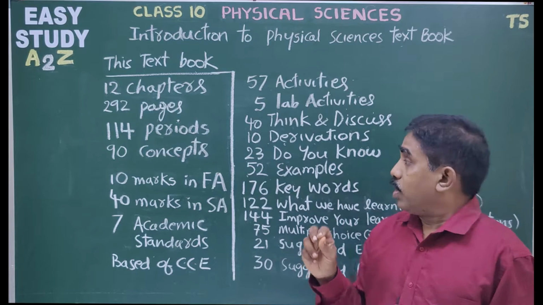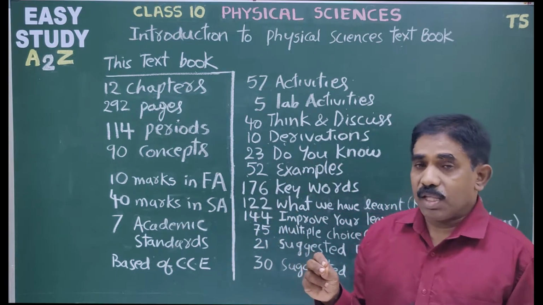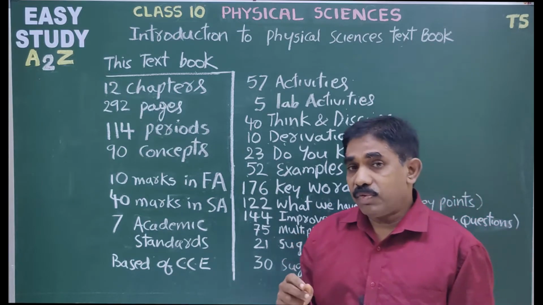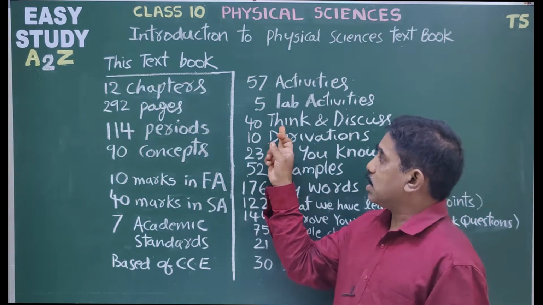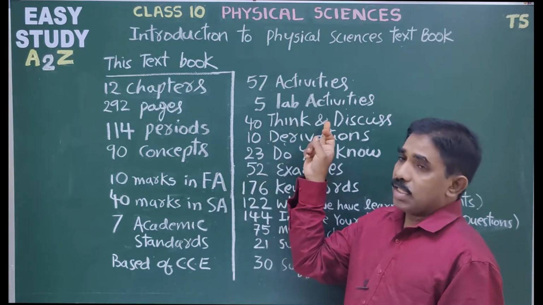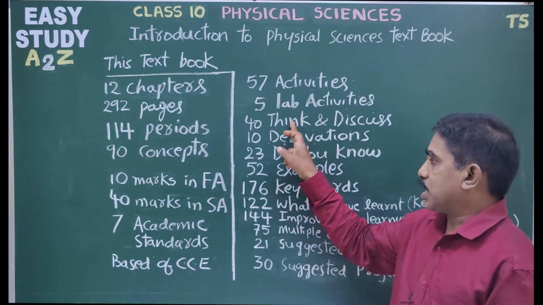Then the students have to think over the questions, and they can discuss with the teachers or with the students also. Like this, 40 think and discuss box items are present in the textbook.